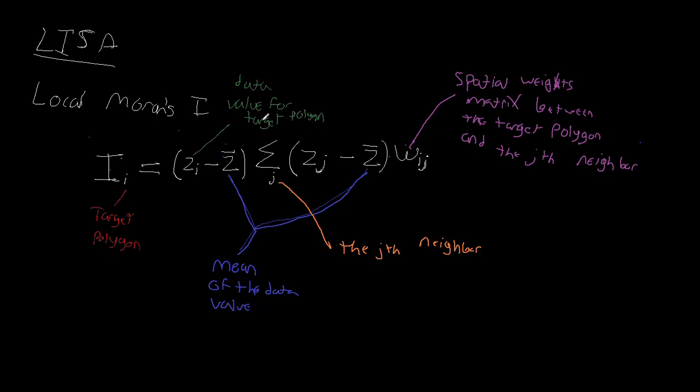That would mean that this z sub j is the data value for the jth neighbor. Okay, so hopefully this equation makes sense. Like I said, it's just a subset of the global Moran's I, so that we're basically just taking the I value for each polygon.